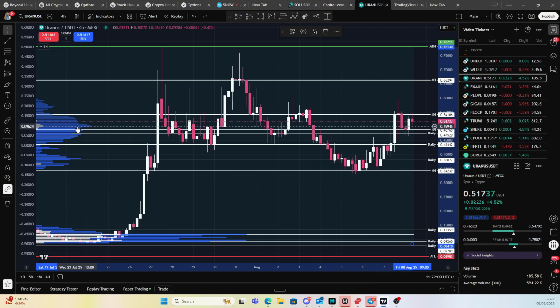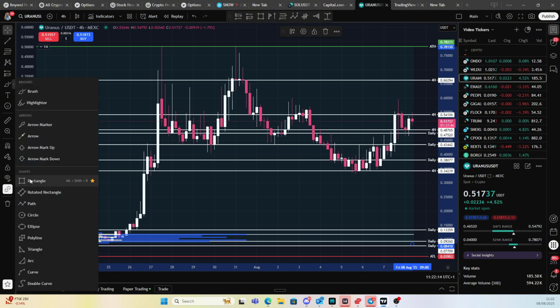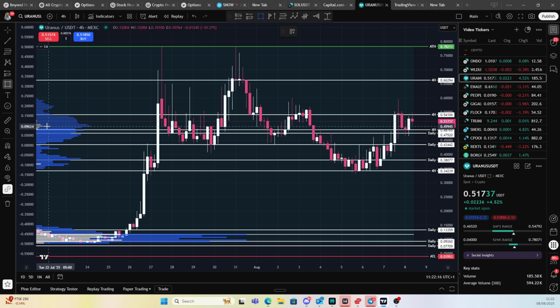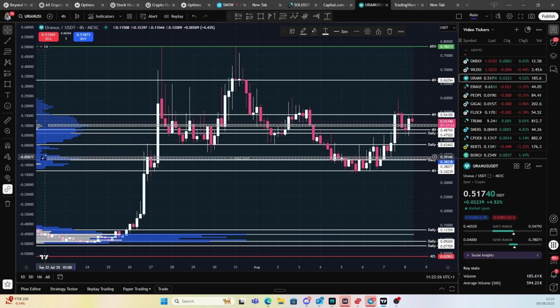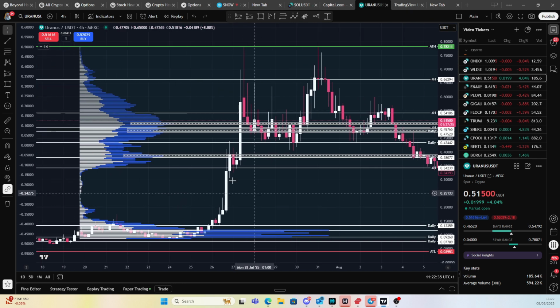We can see that this here is quite an interesting zone, so I will get a box and I would go there. I would get another box and I would look there. I would do this across, and I think it's quite interesting, we see that there.